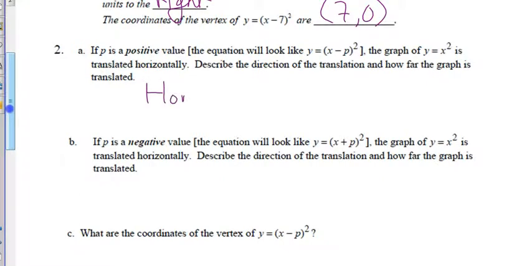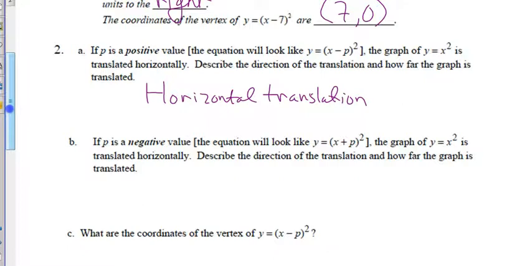So horizontal translation. We're going to say what kind of translation, because what other kind is there? There will be vertical translations, right? We're not there yet. We're going to get there in a moment. So we're going to say it's a horizontal translation. We then need to say how much and which way, or which way and how much, depending upon how you feel.